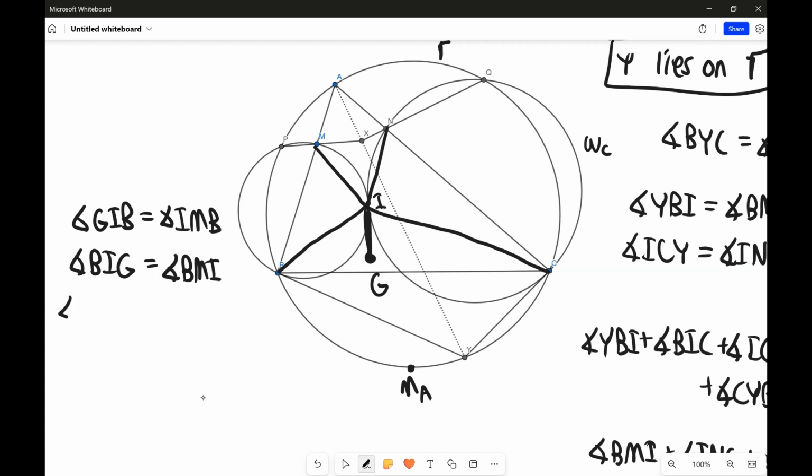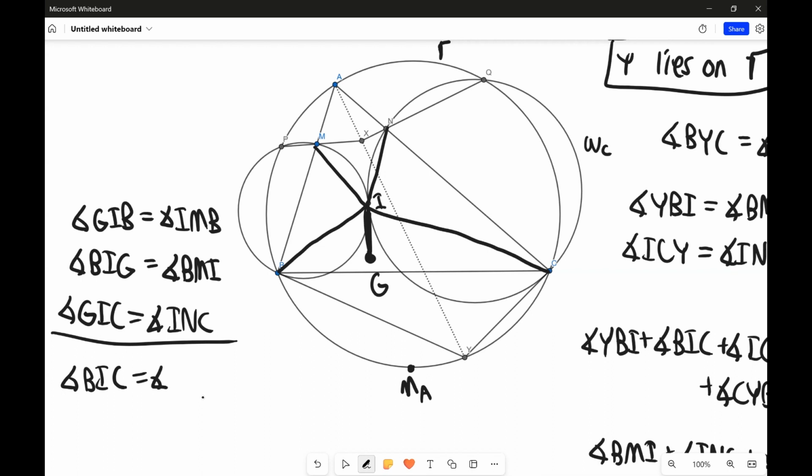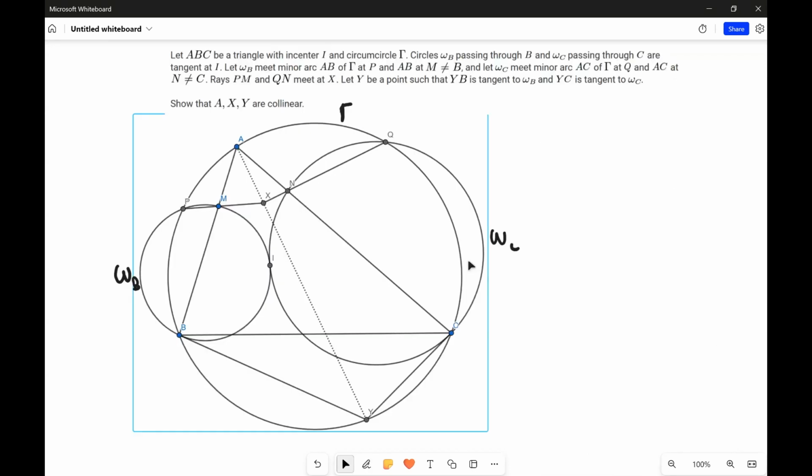Similarly, we have directed angle GIC is equal to directed angle INC. And adding these two, we end up getting the desired conclusion. Directed angle BIC is equal to directed angle BMI, sorry, plus directed angle INC.